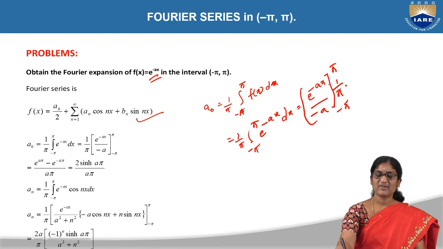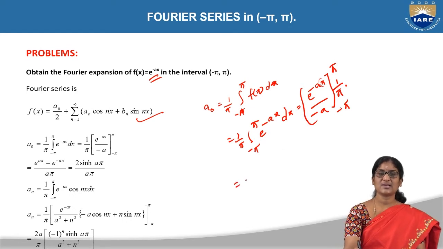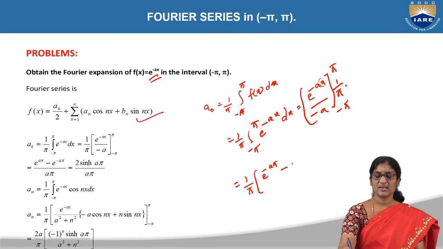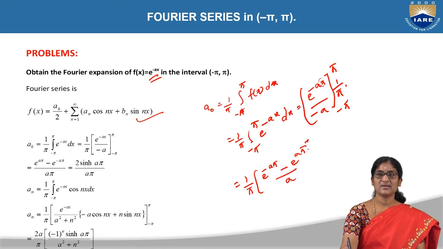Wherever x is there, we substitute the upper and the lower limit. So we get 1 by pi into e power minus a pi, the upper limit, minus e power plus a pi, divided by minus a.